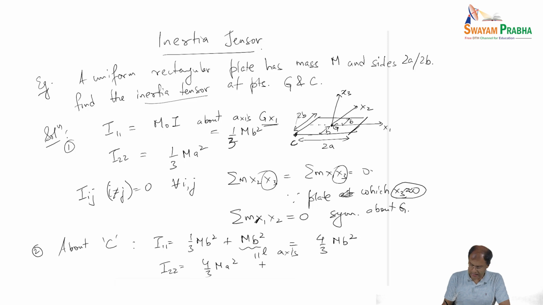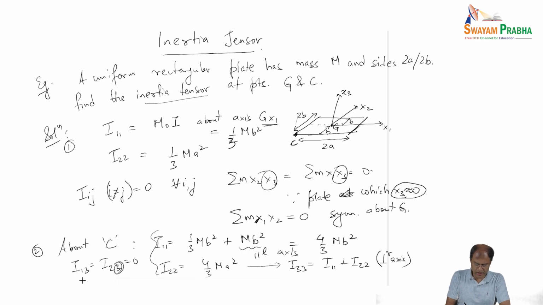From I11 and I22, my moment of inertia about the third axis will be I11 plus I22, from the perpendicular axis theorem. Again, because x3 is 0, we expect that I13 and I23 are all 0, because the dimensions along the third axis are 0.